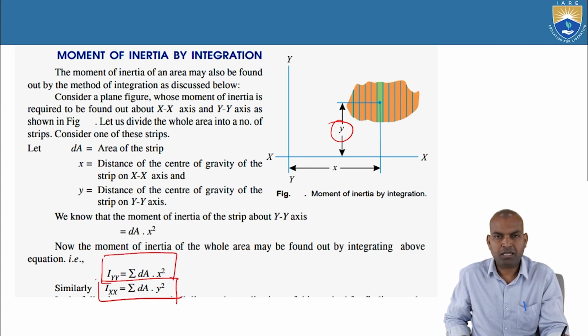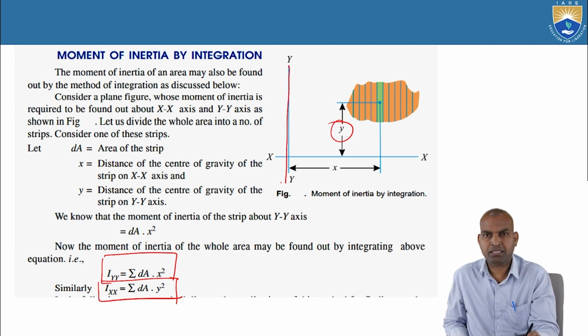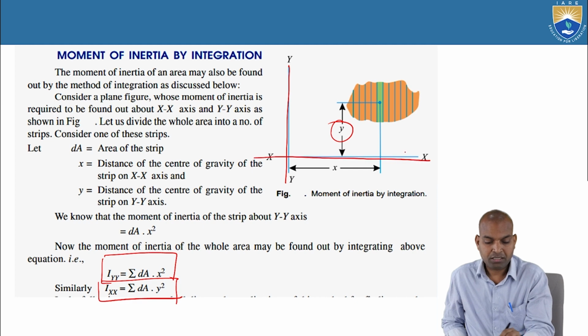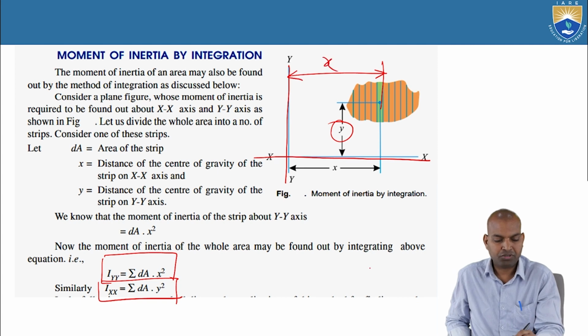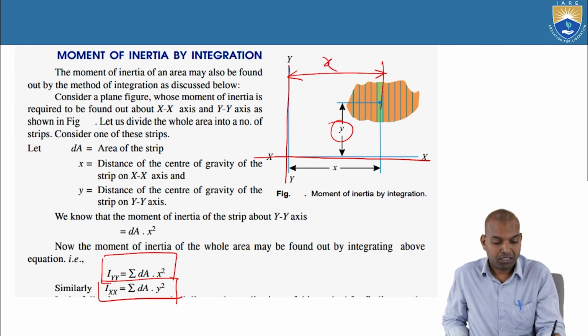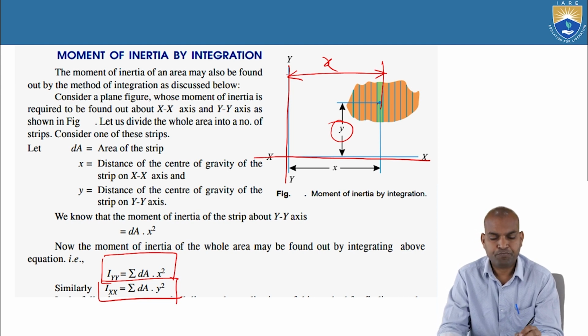Iyy is sigma dA x square, about the y-axis. Here dA is the elemental area and x is the distance of the centroid of that element from the axis YY.